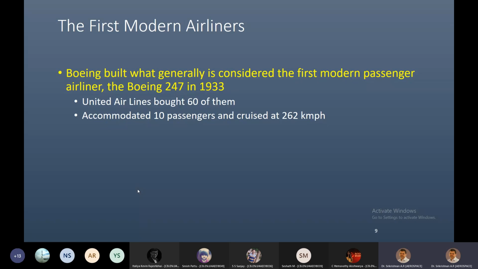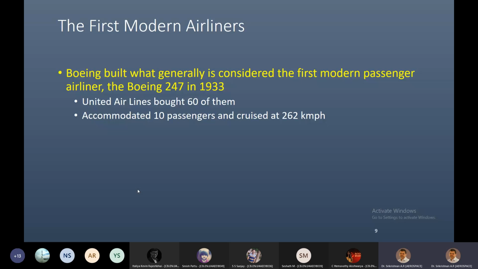Boeing built what is considered the first modern passenger aircraft, Boeing 247, I believe, in 1933. So the 1920s, as we have just seen, was primarily the governments trying to figure out what to do with air transport, toying with the ideas of postal service versus passenger service, etc.